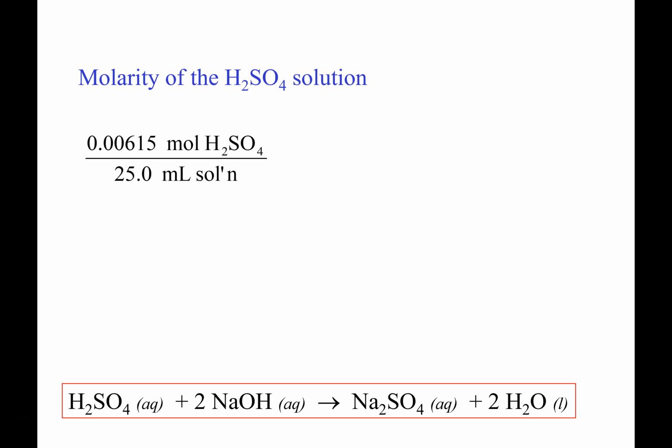That's what we had for H2SO4. That was our volume. So, Allison, how do we fix it and get liters in the denominator? 1,000 milliliters over 1 liter. Yep, 1,000 milliliters over 1 liter. And that will give us moles per liter.